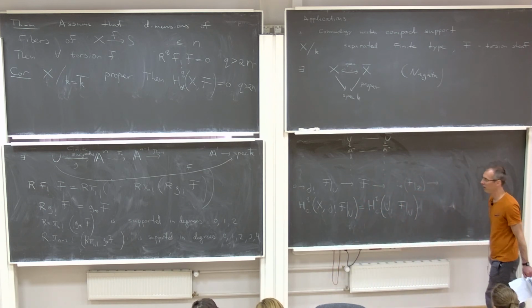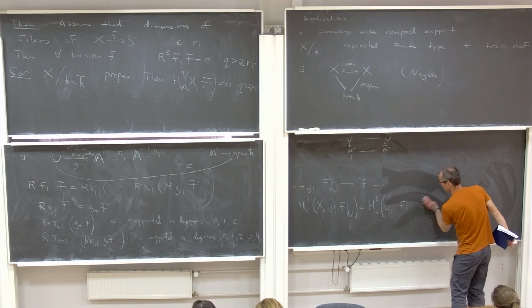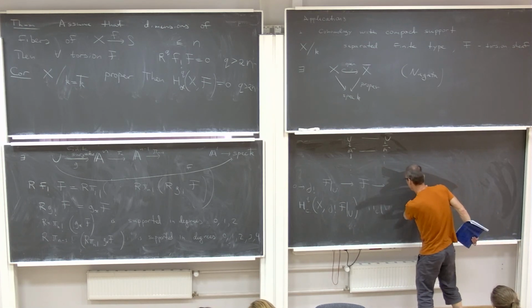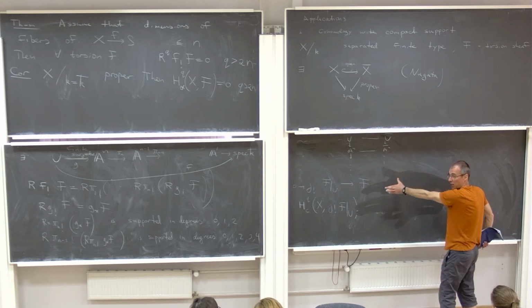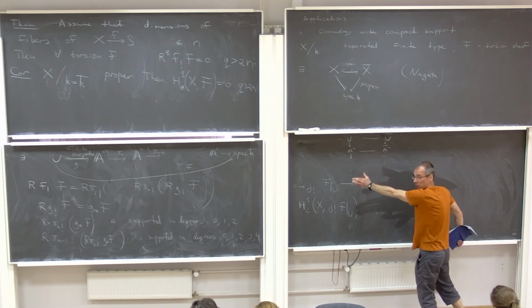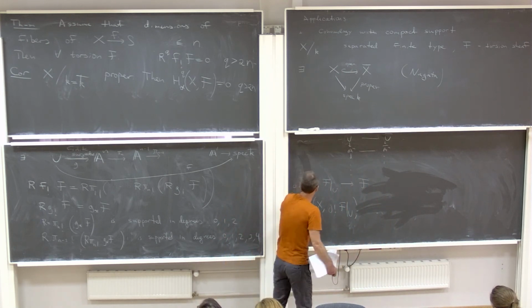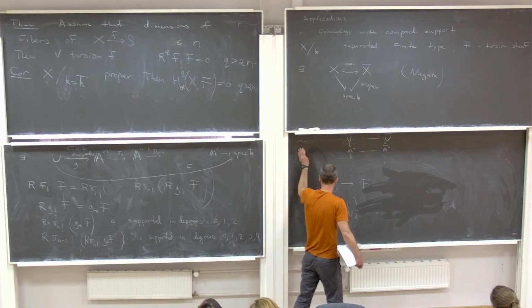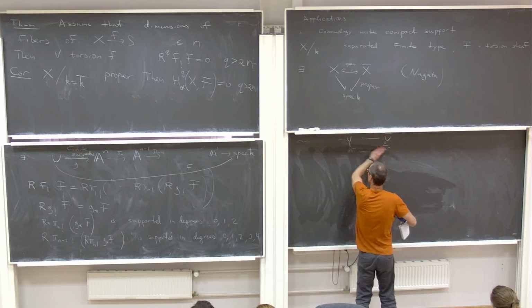And then it's formal using base change. And the existence of such nice compactifications again follows from Nagata's theory.